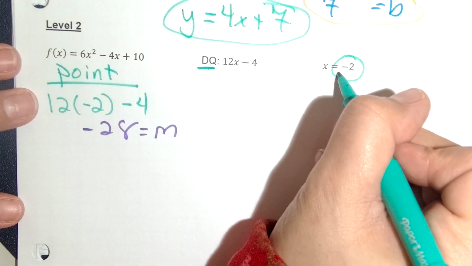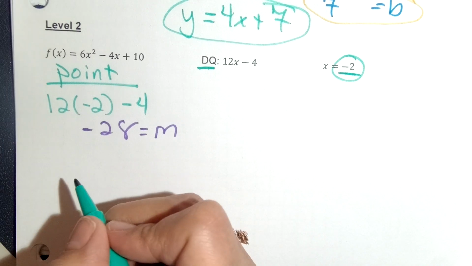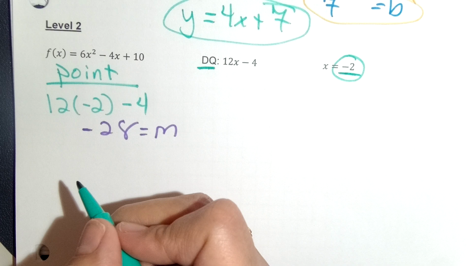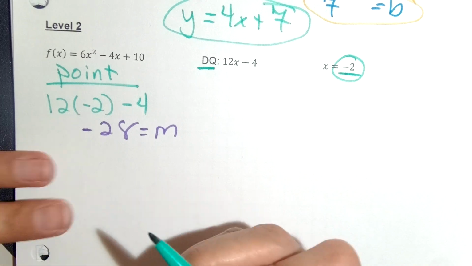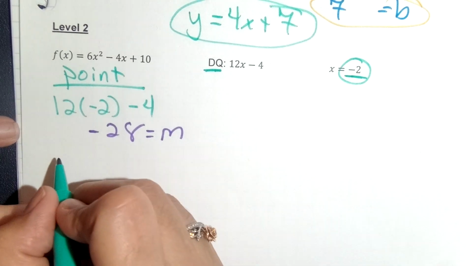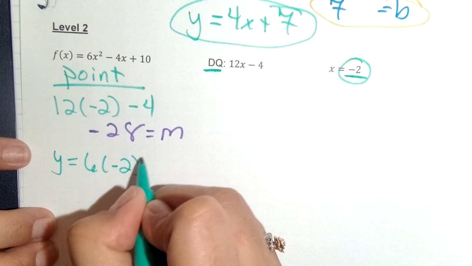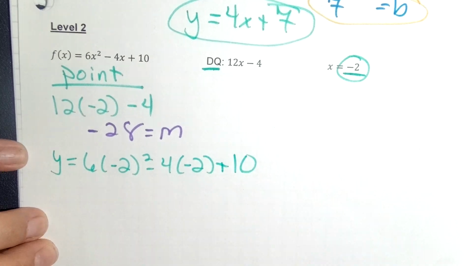So we're going to take this and substitute it into the original equation. Sorry, I'm looking at my answer key. Give me a second. Okay. So my original equation is y equals 6 times -2 squared minus 4 times -2 plus 10.